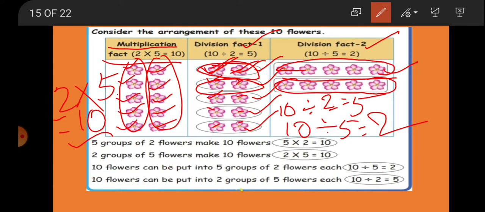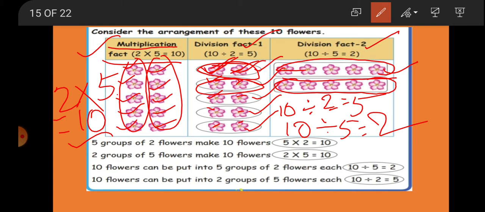So this is 5 into 2, the first one. 5 groups of 2 flowers make 10 flowers. Next, 2 groups of 5 flowers make 10 flowers. Again the same, but the groups are different. 10 flowers can be put into 5 groups of 2 flowers each.